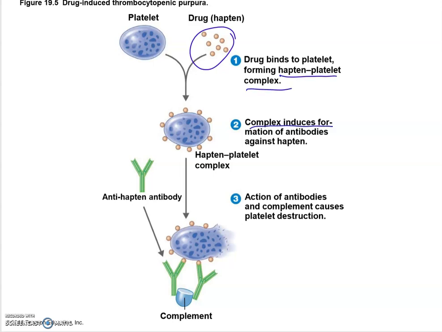Then the complex induces the formation of antibodies against the hapten. So now your immune system recognizes the drug that's sitting on the platelet. And then once these anti-hapten antibodies are available, they will bind to the surface, and the action of these antibodies plus complement activation will cause platelet destruction, and that leads to thrombocytopenic purpura.